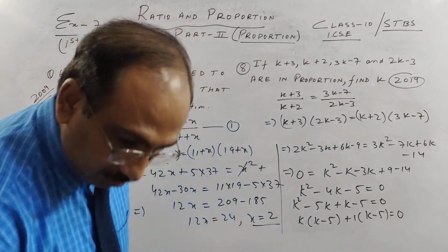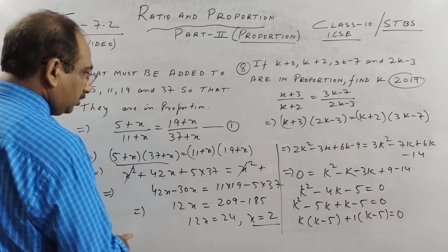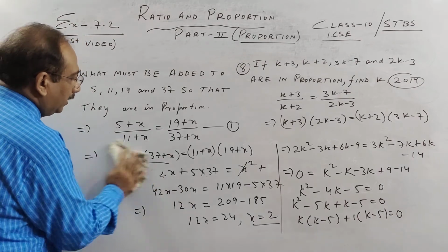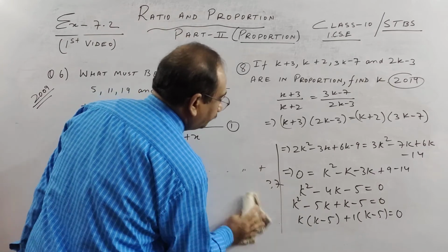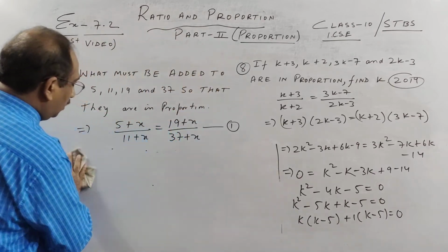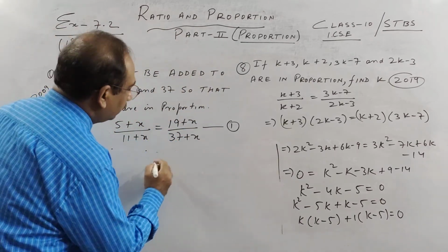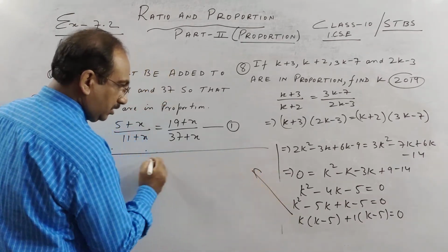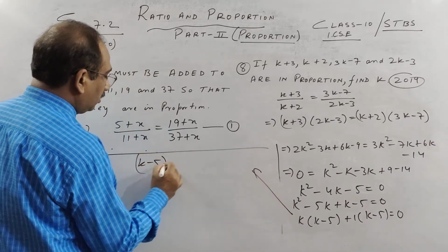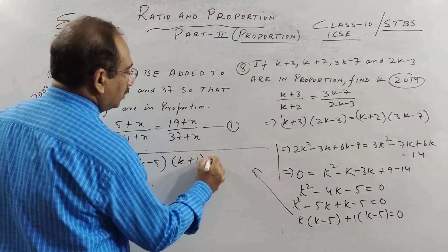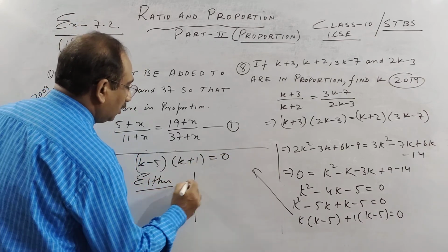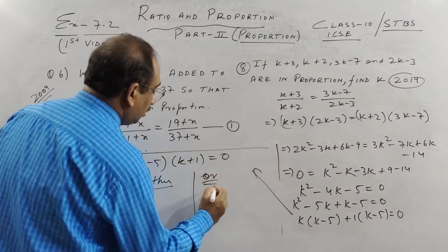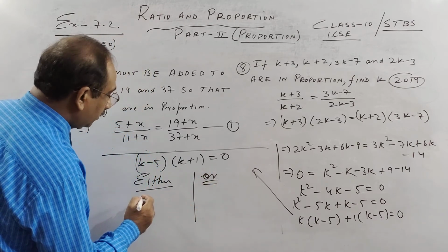Here you can pause the video and copy, and I will solve the last part here. See here, k minus 5, k plus 1 is 0. I have done quadratics also; you can see my lesson on quadratic equation also.